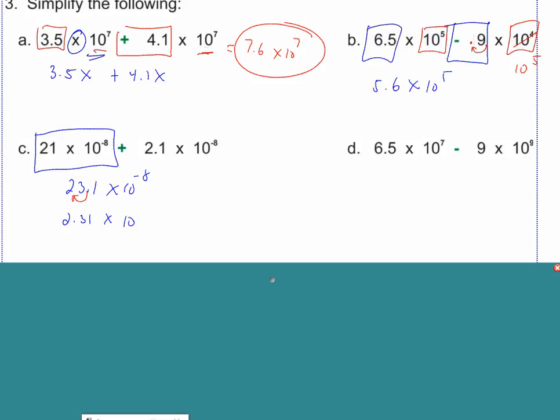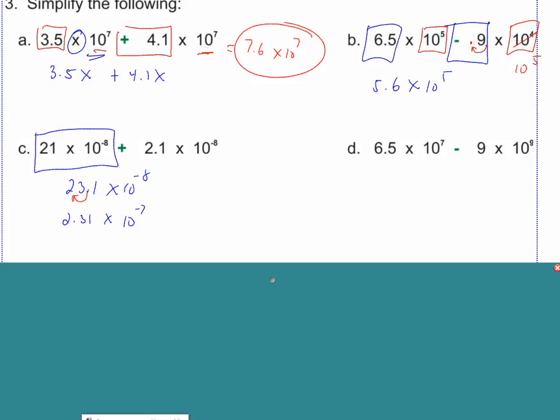But we just changed the number, and we don't want to change the value. So what would you do to the power of 10? Abigail? You would increase it. We moved the decimal point one place, so we would increase it by 1, and a -8 increased by 1 is a -7, right?